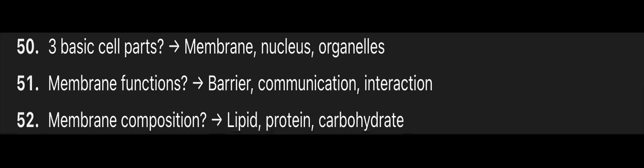All right, cell structure and function. What are the 3 basic cell parts? Or 3 of them. I mean, we know that there's lots of cell parts. Membrane, nucleus, organelles. What are 3 membrane functions? Barrier, communication, interaction.